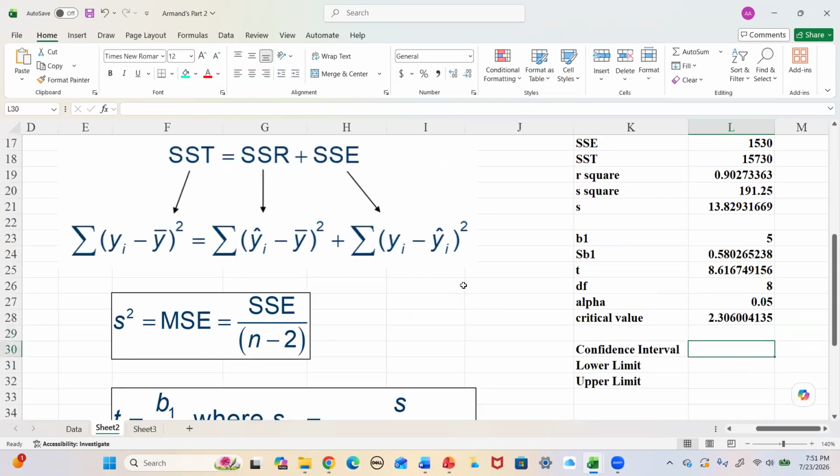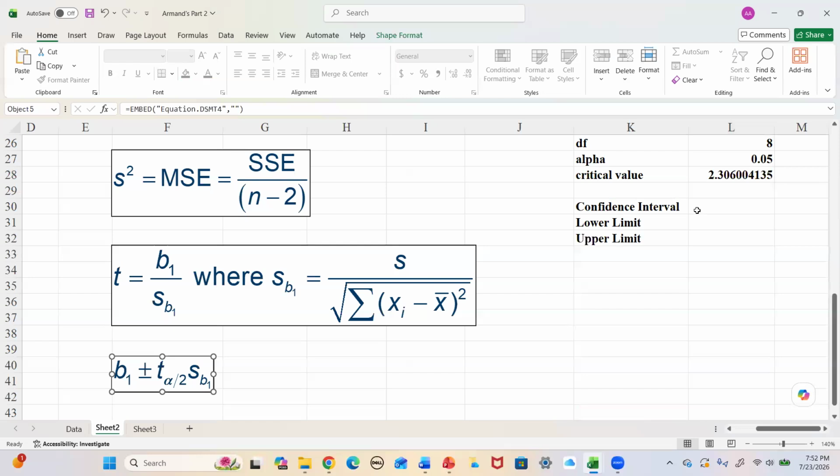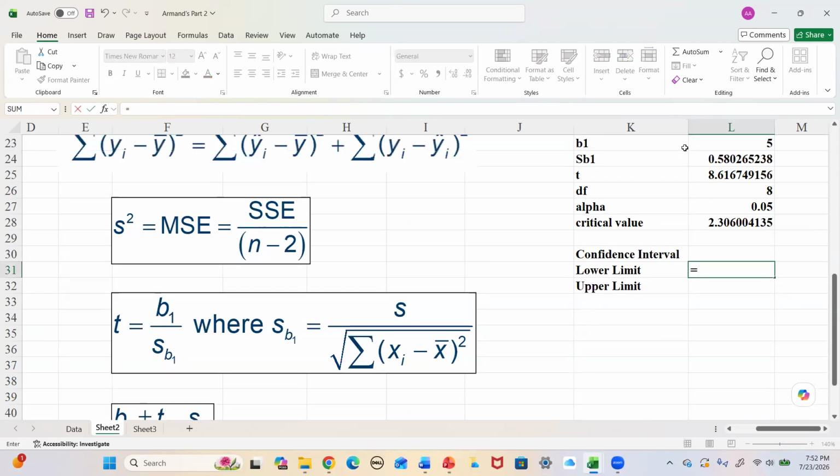And then the confidence interval is here. Okay, B1. All right, we're going to do B1 minus T times SB1.